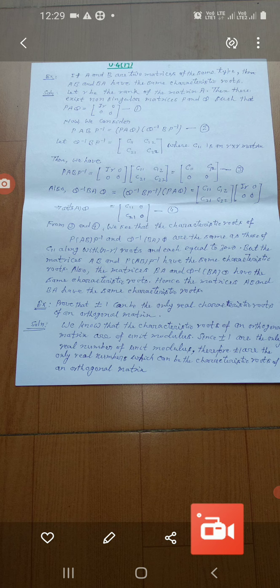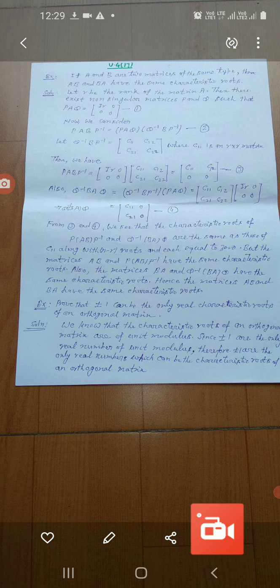Now we assume that Q inverse B P inverse is written as C11 C12 in the first row, and in the second row we have C21 C22, where C11 is an r cross r matrix. Similarly, C12 is also an r cross r matrix.